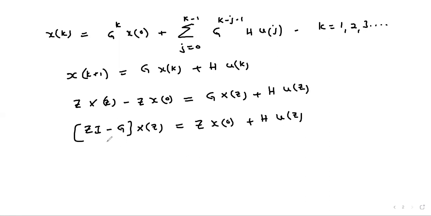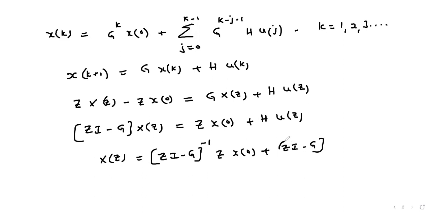From which, if we divide both sides by zI minus G, we can obtain X of z to be equal to zI minus G inverse multiplied by z x of 0 plus zI minus G inverse multiplied by H U of z.